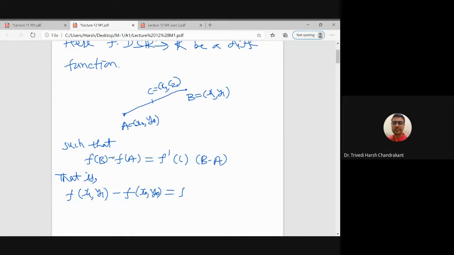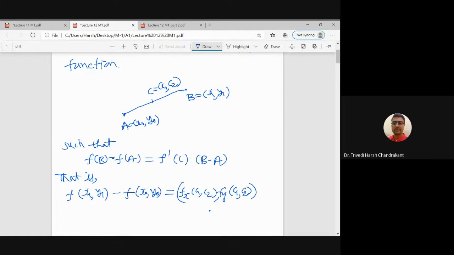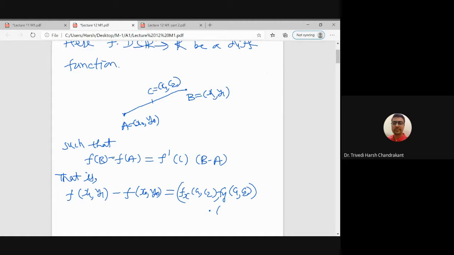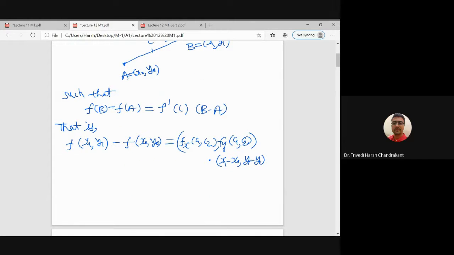In this case the derivative is the gradient, evaluated at the point (c1, c2), that is (fx, fy), times (B minus A). B minus A means we take the difference of coordinates, which is (x1 minus x0, y1 minus y0). So this is the equation in terms of the coordinates.